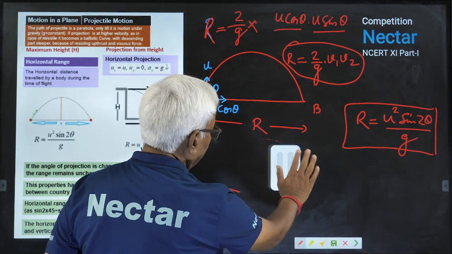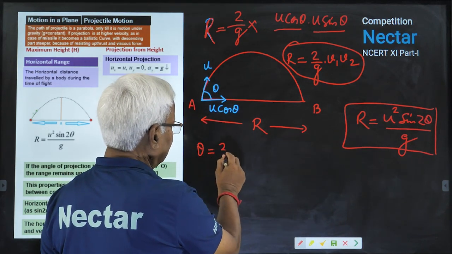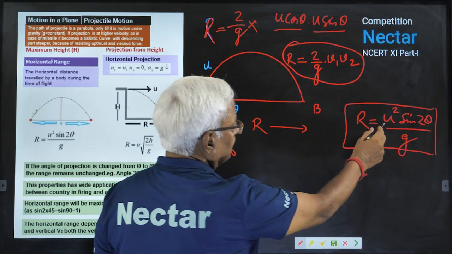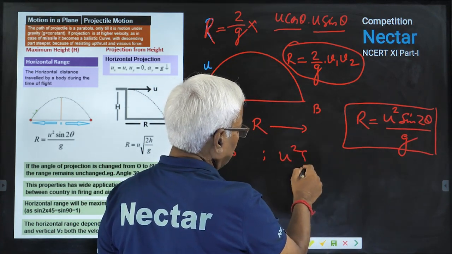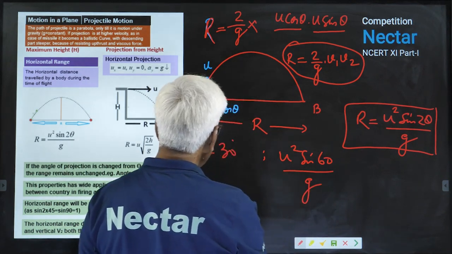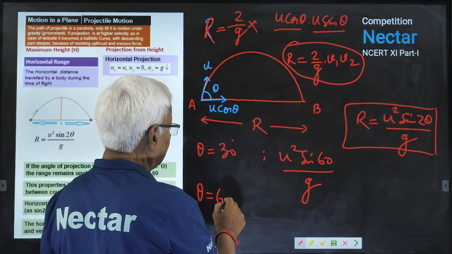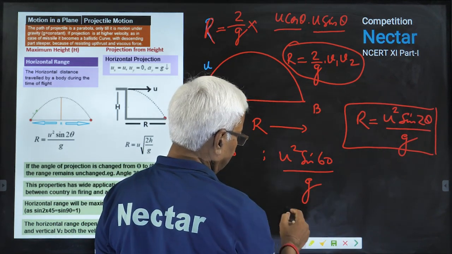One more thing. Once you take the angle 30 degree, you will find u square sine 60 upon g. Then you take angle 60 degree, here you will find sine 2 into 60, sine 120.